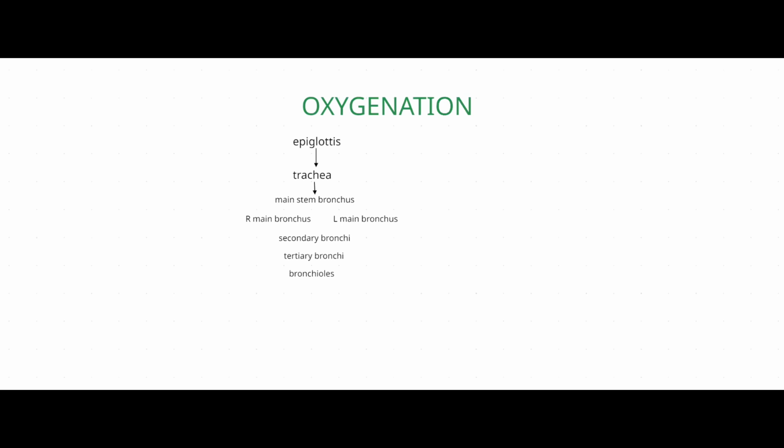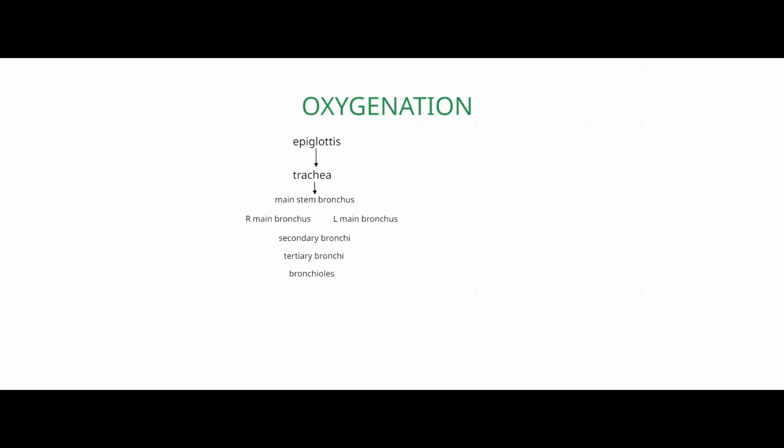Some of them, bronchioles may not be considered as upper respiratory because they're kind of at the very end. But is there gas exchange that happens in any of these structures? No. So what are they called? They're just airway.